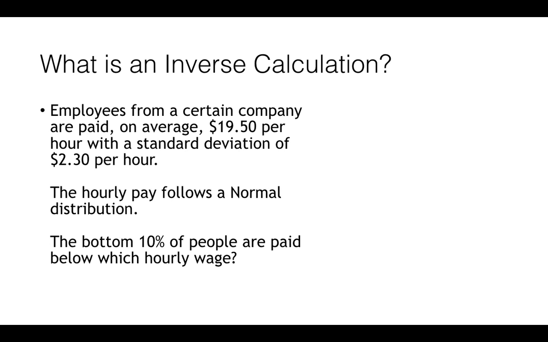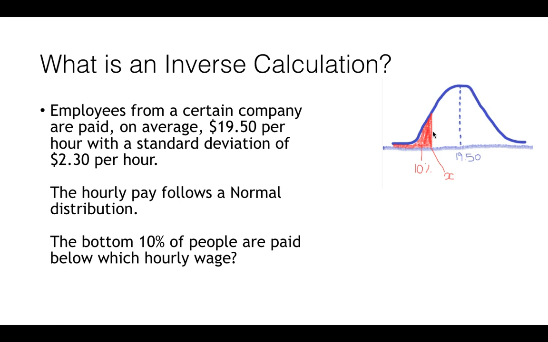Well, with normal distributions, we always start off by drawing the curve. So here we go, here is my beautiful normal distribution. Obviously yours will look much better because it won't be drawn on a computer. So we can see here I've put on my mean in the middle, 19.50. Now obviously I should have put on one standard deviation above and one standard deviation below, but I decided not to.